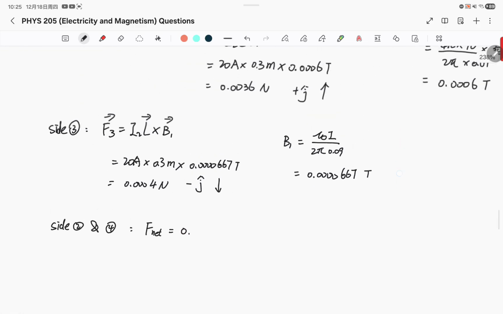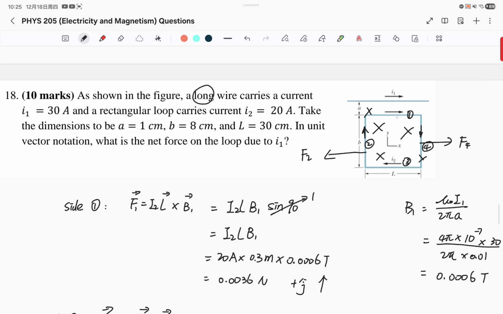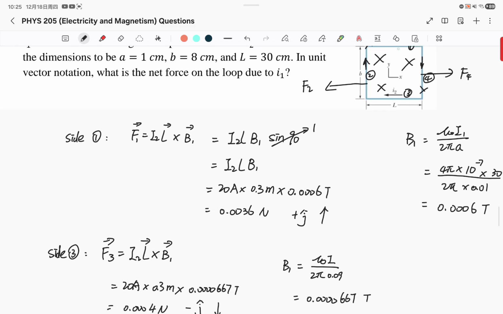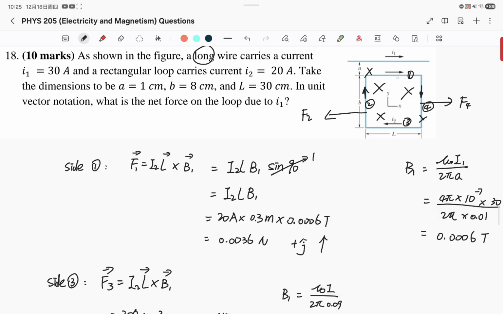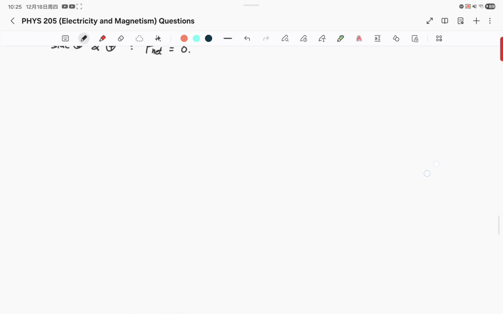So the only sides on this loop that can feel a force is actually the top one and the bottom one. Well, all sides can feel a force, but 2 and 4 in a different direction, so cancel out. So the total F net is equal to F1 plus F3.